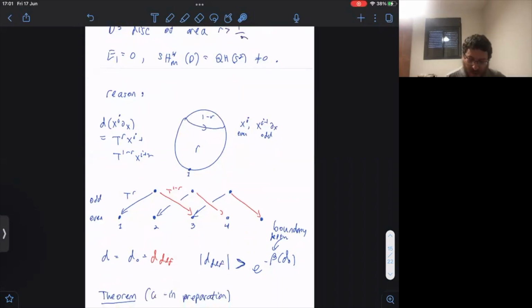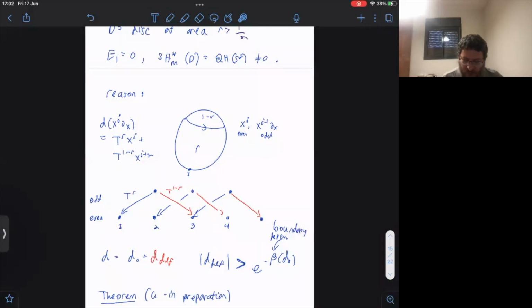So the differential is D0 plus D deformed, where the deformed part is in red. And the problem is that the deformed part is bigger than the undeformed part, because recall, the bigger the exponent of t, the norm is e to the minus r.